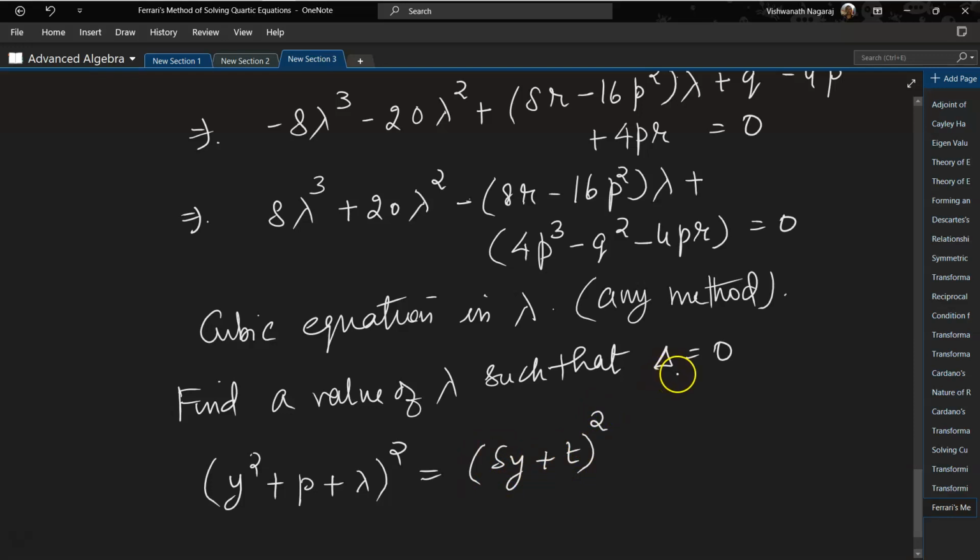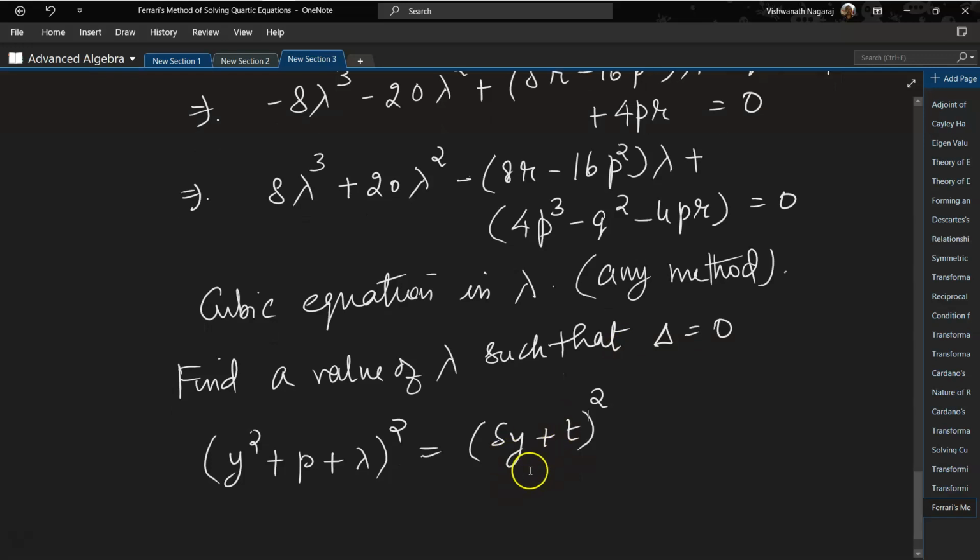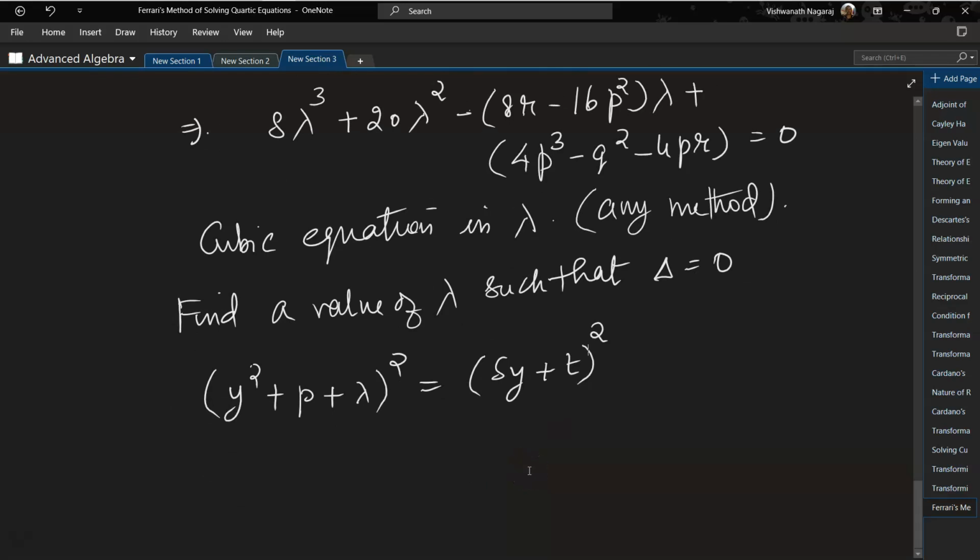When we solve this equation, we'll get the root. We will naturally choose a real root and substitute it there, and we will end up with a perfect square.